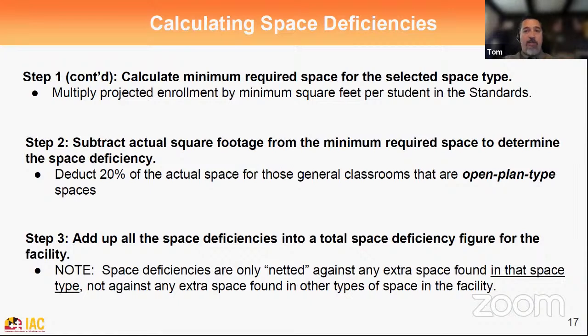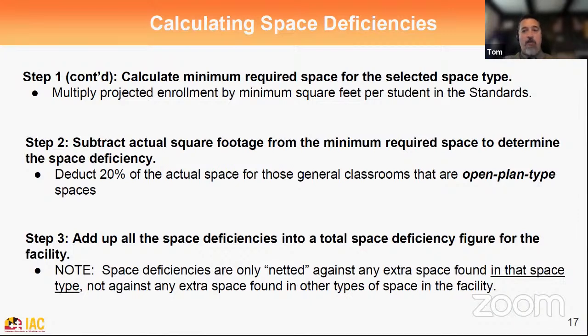Finally, we add all the space deficiencies into a total space deficiency figure for the facility. And it's important to note here that space deficiencies are only netted out against the extra space found in that space type, not against extra space found in other types of space in the facility. And that's because not every type of space can functionally substitute for another type of space.